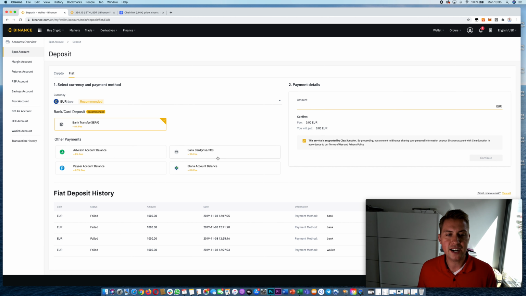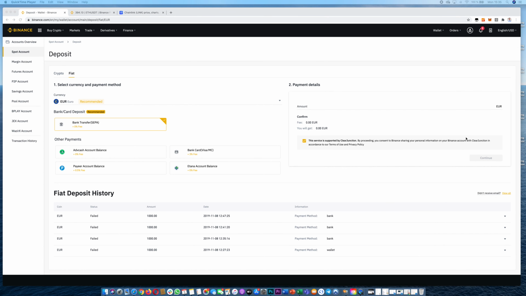But you have to keep in mind that it's way more expensive to use your Master or Visa card, and it costs at least 3% in fees. A wire transfer is currently free of charge. However, you need to be verified to do that.